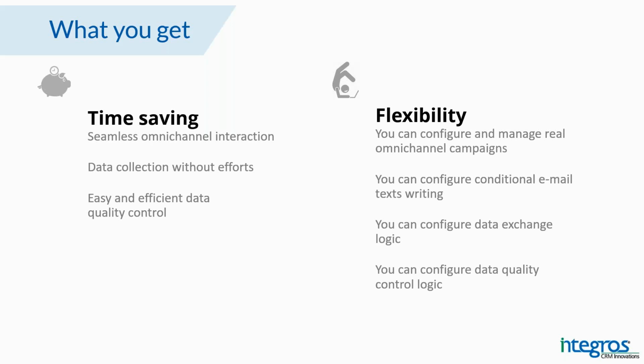On the other side, it is flexibility, because each part of this automation process is open for configuration. If you would like to add a new message that will be sent to the attendee, it's easy: just add a new template or part of a template and configure in Logic Builder when it should be inserted.